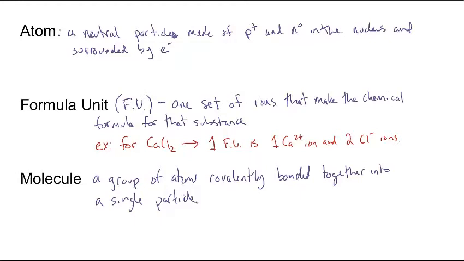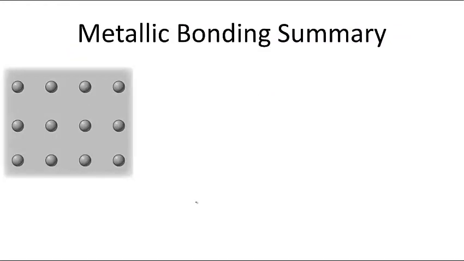Okay, so now let's summarize the bonding stuff again. I know we've sort of been doing it to death in class, but I want to make sure we understand it. So, summary of metallic bonding. The valence electrons are shared by everyone.